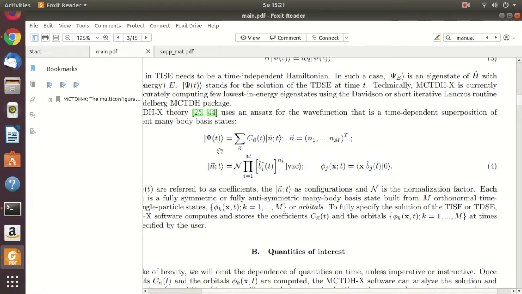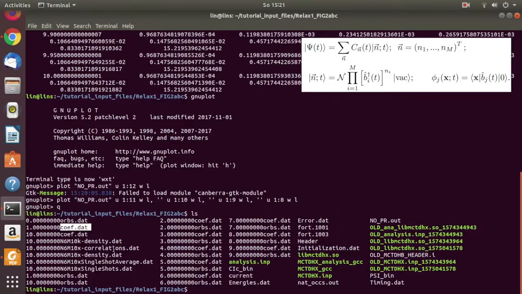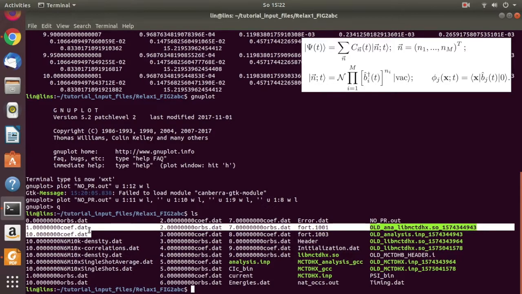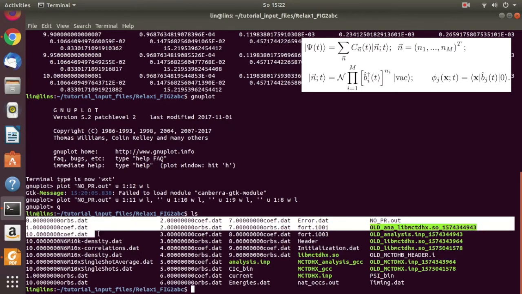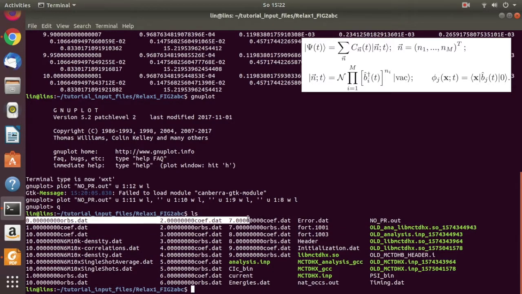So in our simulation results, these files are the files which store the orbitals, and these files are the files which store the coefficients. The coef.dat files store the coefficients. And furthermore, we should note that these dat files are only for humans.